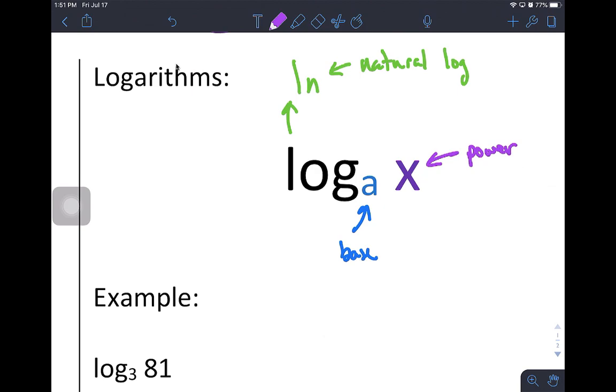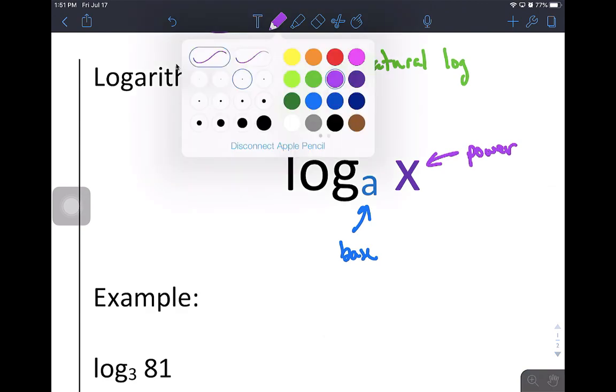So when you're reading a log, it's kind of like a power backwards, because what's missing here is the exponent. When you evaluate a log, what you're actually looking for is the exponent.